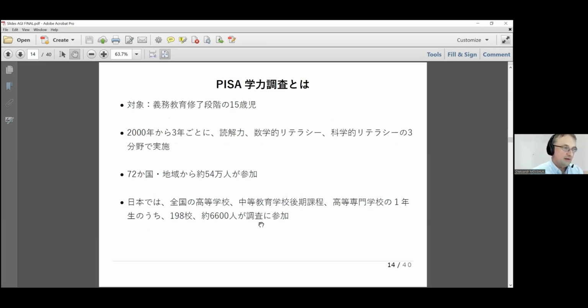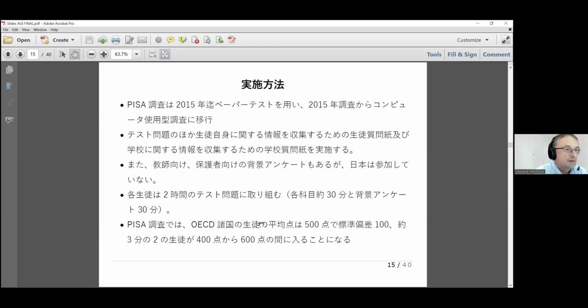The object of analysis is students who are 15 years old, and Japan joined this survey from the very beginning. So usually about 6,000 students are taking part in this program. In 2015, there was a change from paper test to computer.